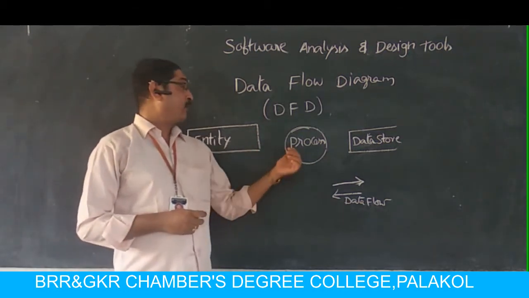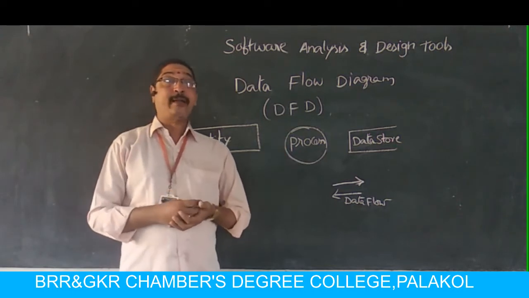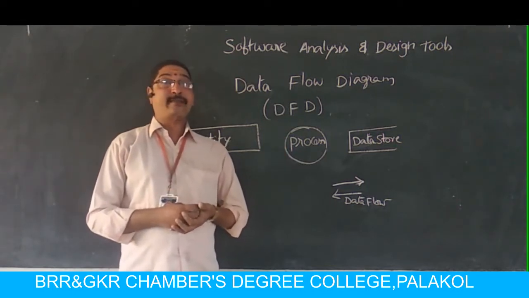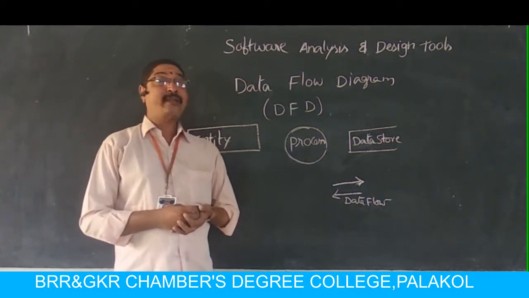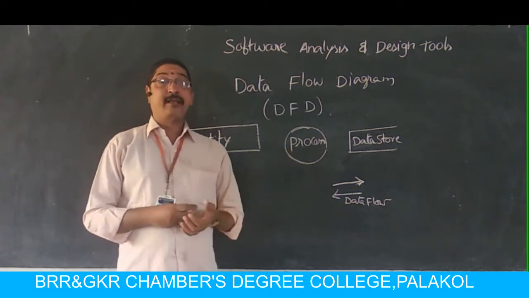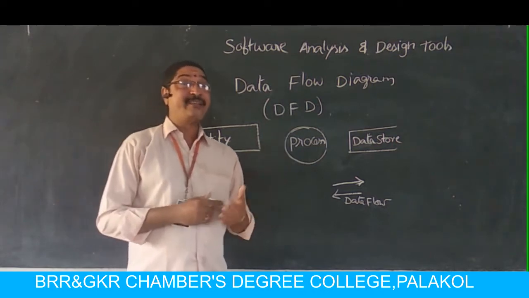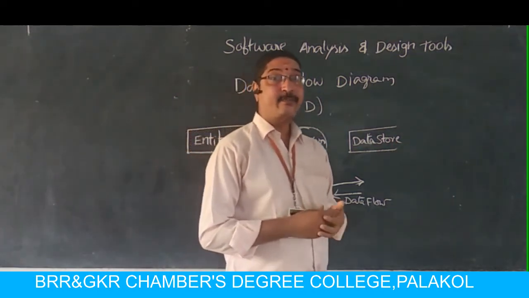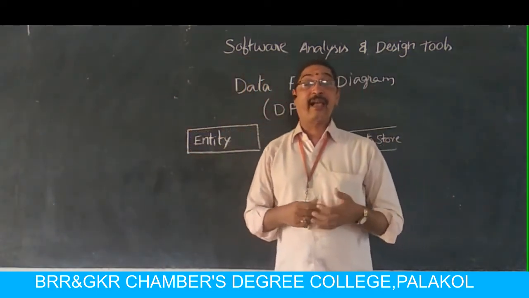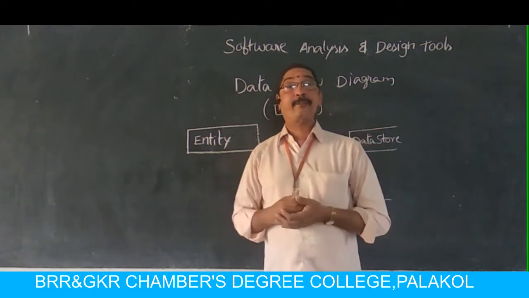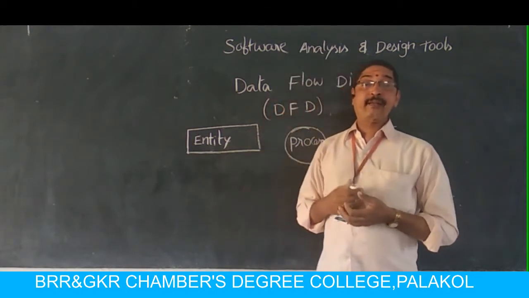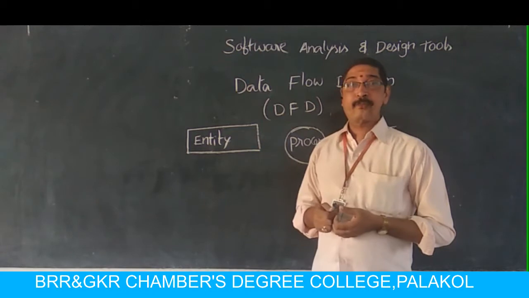And next we have to go for one more symbol that is called as process. Process can be represented with the help of these circles. Processes are activities or actions taken on data that are represented by circles.